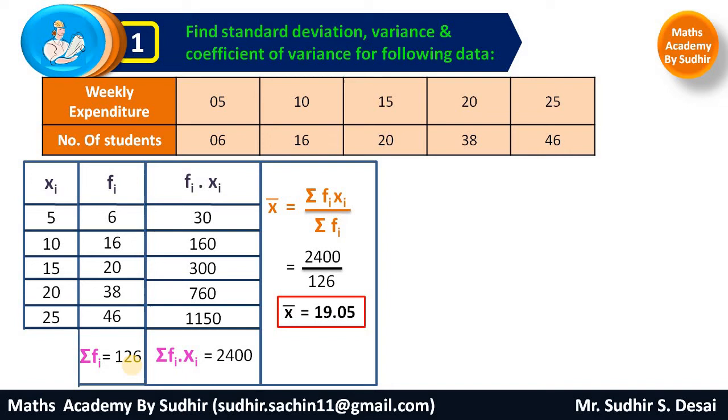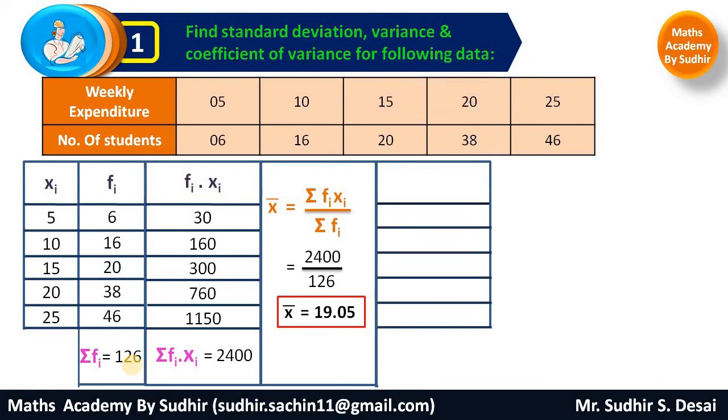To find deviation, we have already calculated the mean. Now let us find the deviation, which is denoted by di. Here we have to take deviation from mean, so we subtract mean x bar from each observation xi. So di is equal to xi minus x bar, which is 19.05.